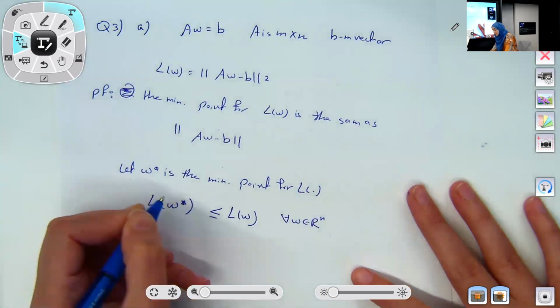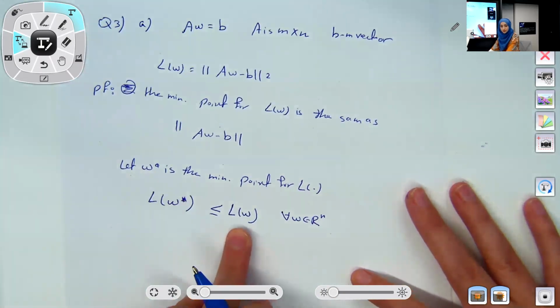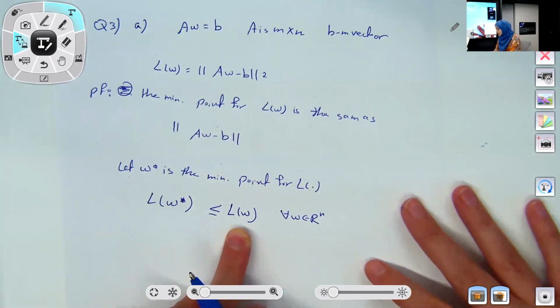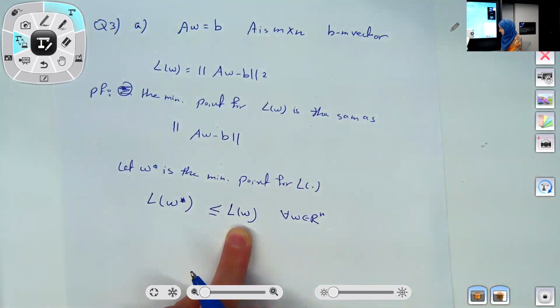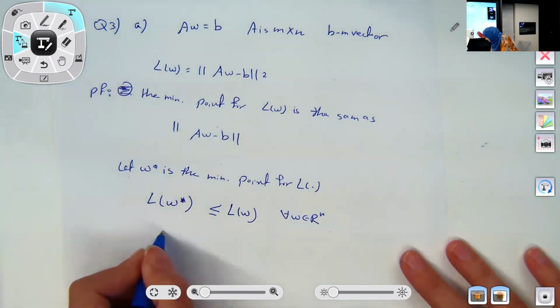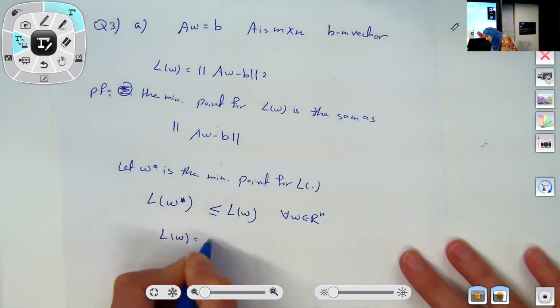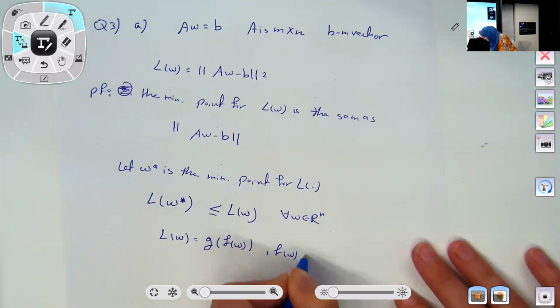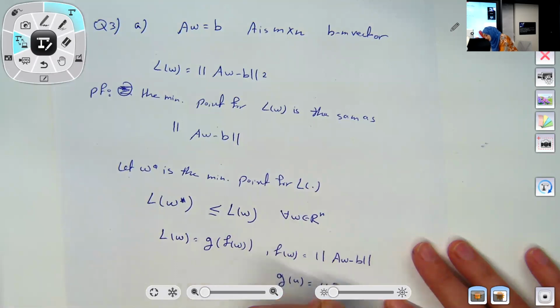The second step: we need to write L of omega as a composition of two functions, G and F. So L of omega is G of F of omega, where F of omega is the norm of A omega minus B, and G of U equals U squared.